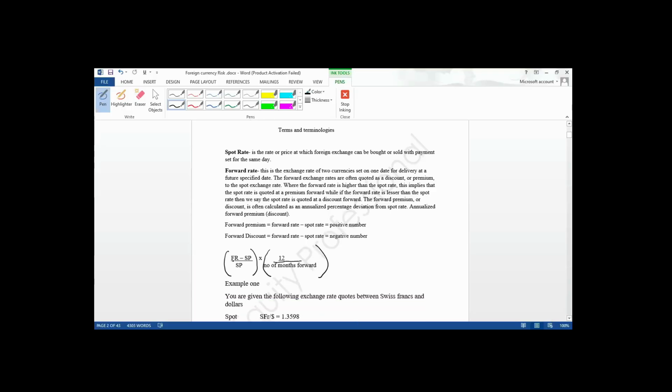Forward rates minus spot rates, divided by your spot rates, multiplied by 12. 12 is 1 year, 12 months, divided by number of months forward. It can be 2 months forward, 3 months forward. You can calculate in percentage the annualized forward premium or discount.